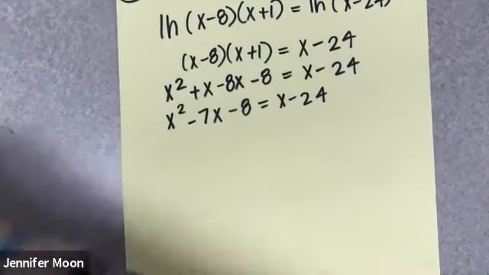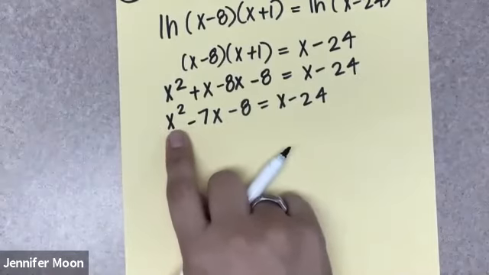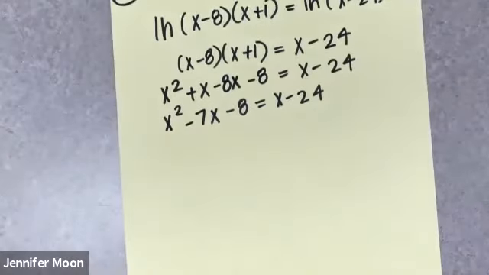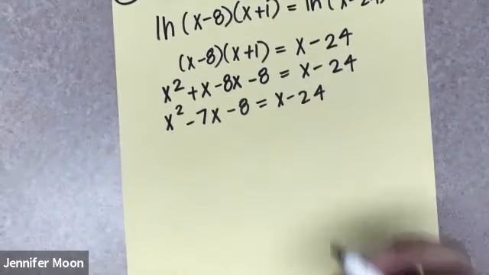I'm doing every single step. I don't even have this written here. Okay, and so now what we would do is move what we need to, right? I noticed that I've got an x squared, so I'm going to do some kind of factoring. That means I need to get everything together. I'm going to move my x over, move my negative 24 over.